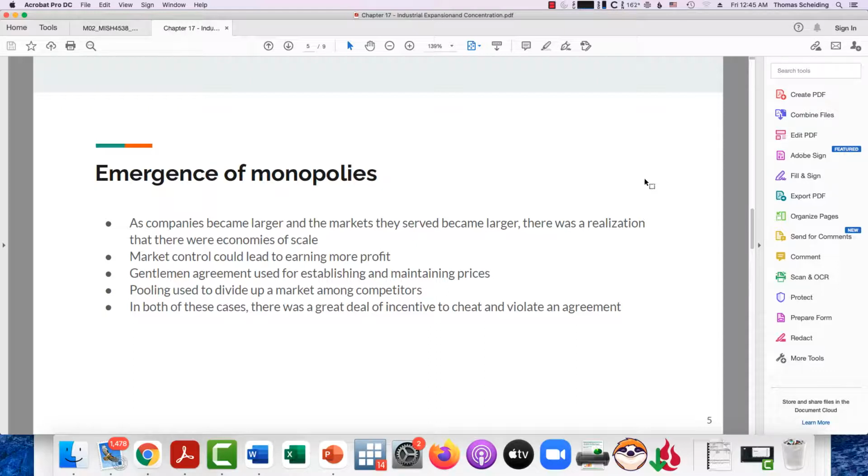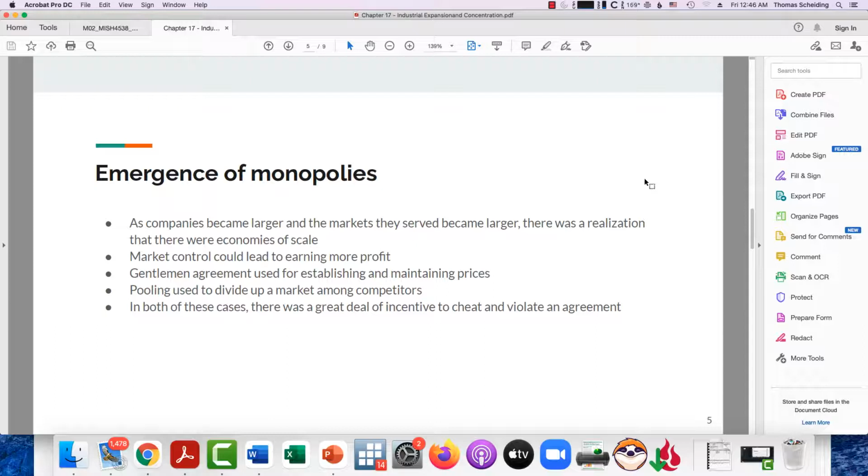You could also have pooling. Pooling is where you take the total market and you have all the rival firms that offer that same product, and you basically divide the market across those producers. The problem with both the gentleman's agreement and with pooling is that firms don't honor what they said they were going to do because there's such a huge incentive to defect.